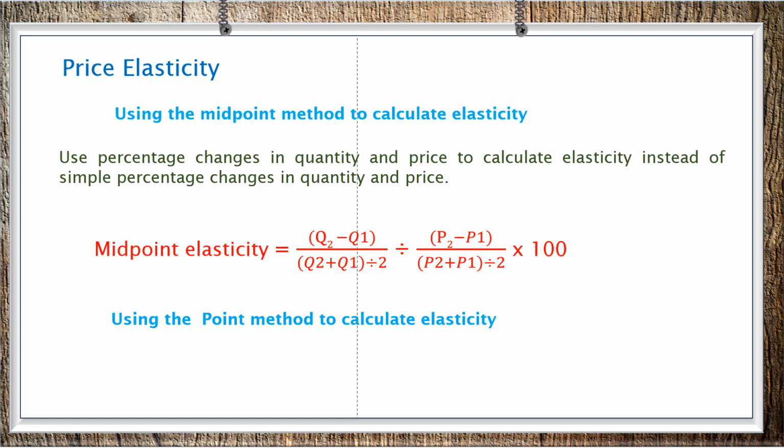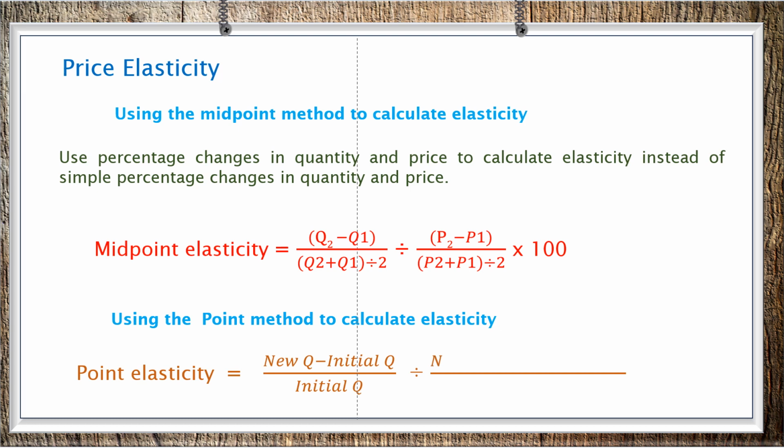For this reason, we use the point elasticity, because it is very direct, and all you need to know is which values represent the initial values and which values represent the new values. Therefore, point elasticity, you calculate by getting the new quantity, subtract the initial quantity over initial quantity to get a percentage change in quantity, and you divide by percentage change in price, which is the new price, subtract the initial price over initial price.